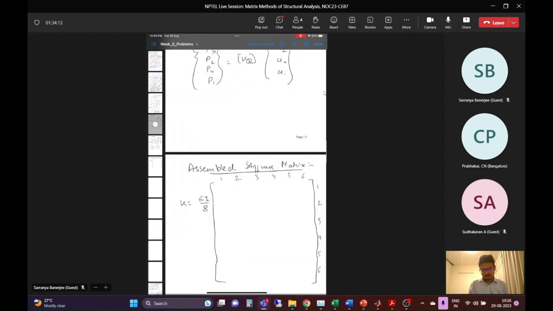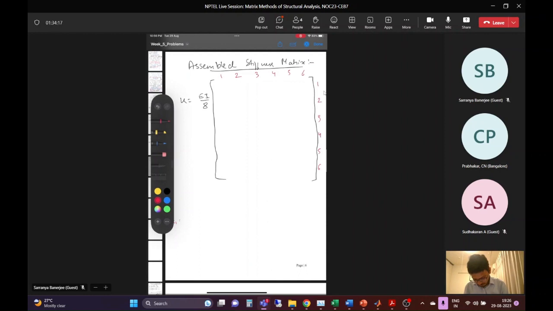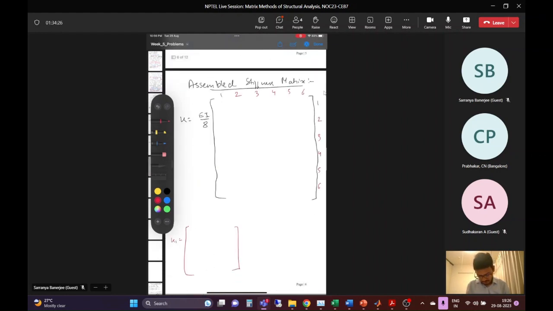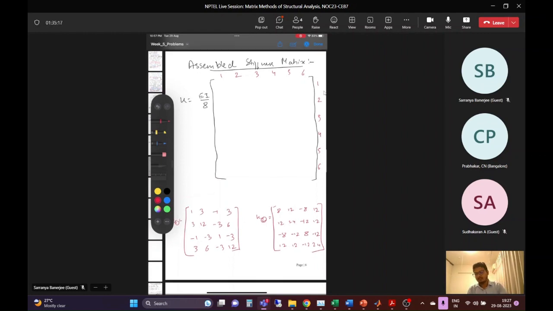I'll just write K1 and K2. Yes. So these are the two matrices.